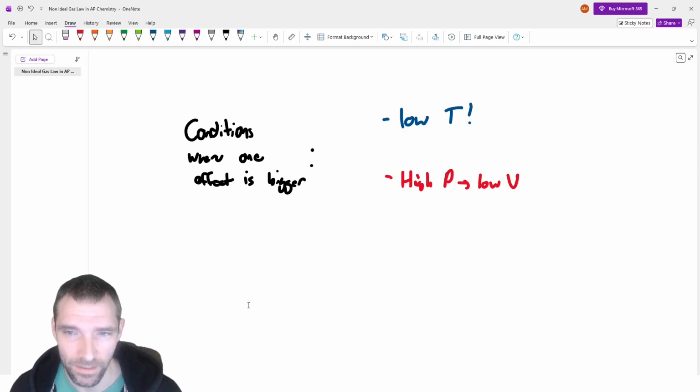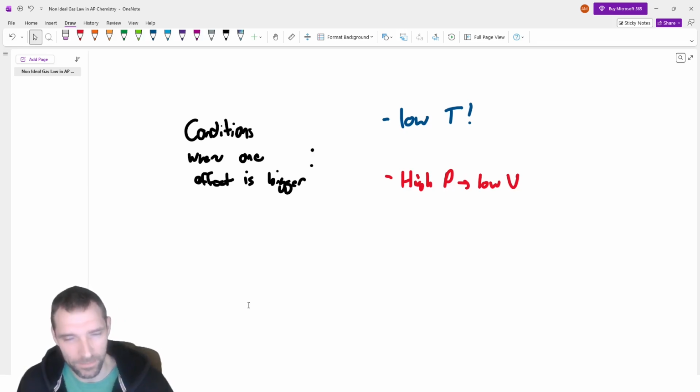If you have a high pressure environment or low volume, suddenly the molecules taking up like 1,000th or 100th of the total volume becomes significant as that volume decreases. So the molecules' volume has more of an effect in a smaller volume environment, which is really a high pressure environment.